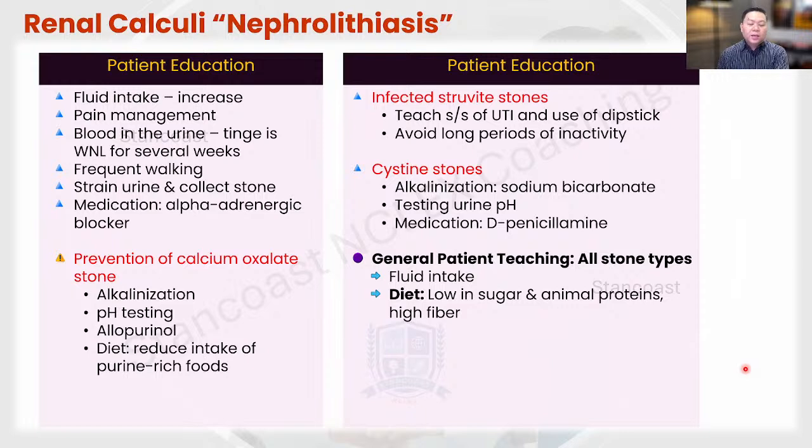Because sugar can actually increase the calcium excretion. With sugary drinks, or food items that are quite sugary, it will increase urinary calcium excretion, and so it will increase their risk of developing calcium stone formation.